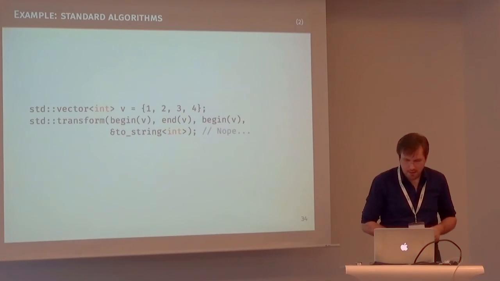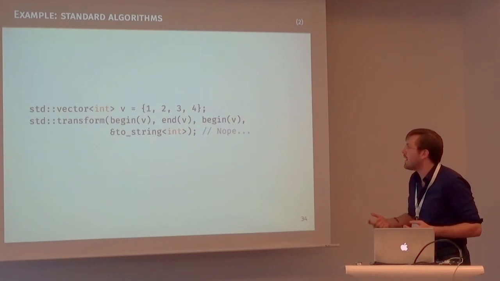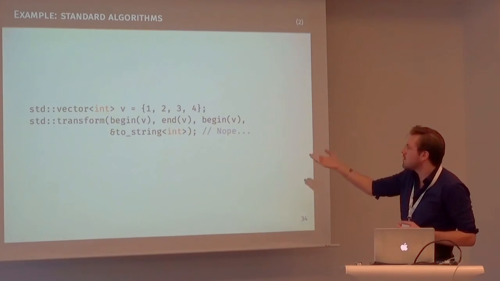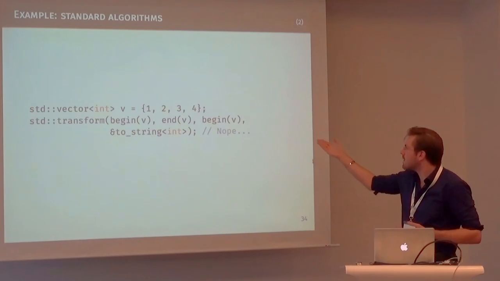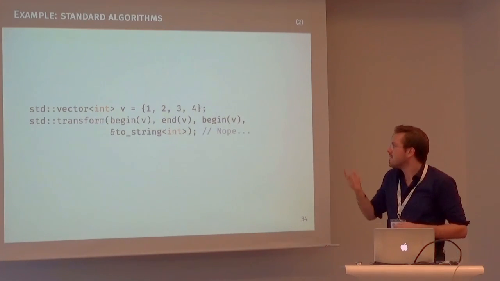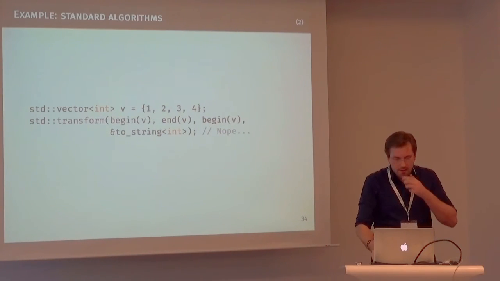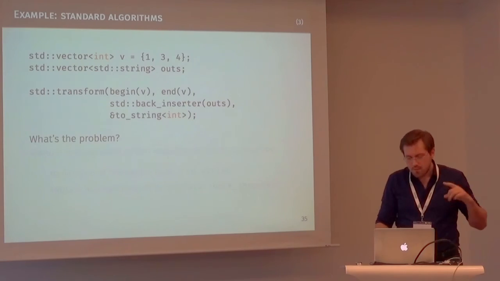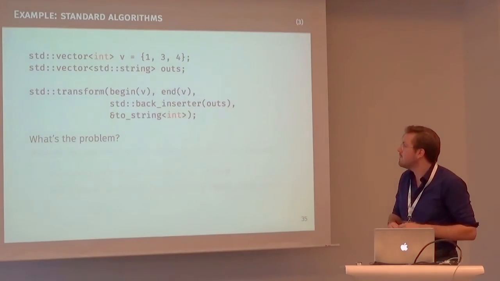So let's look. This example won't compile because toString returns a string, and we can't write strings into an output iterator from a vector of integers. Okay, so I have to declare another vector of the right type.